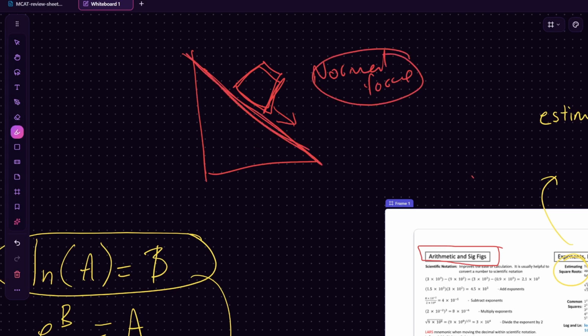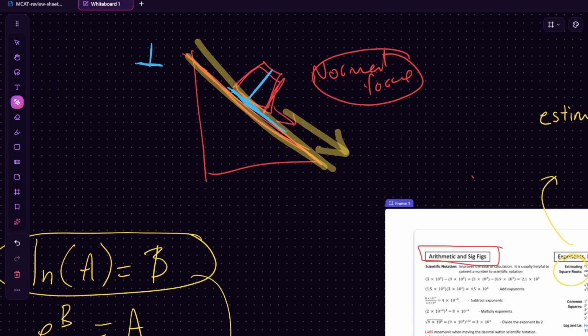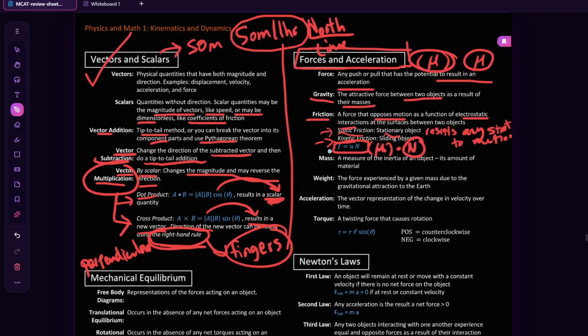Parallel to the surface would be this way, but perpendicular looks like this. So the normal force is in this direction, down, perpendicular to the surface. Okay, so that's normal force. And so the coefficient times normal force is equal to friction.